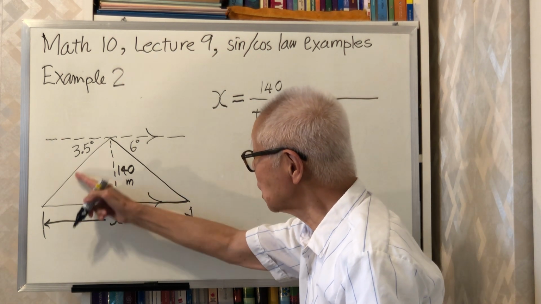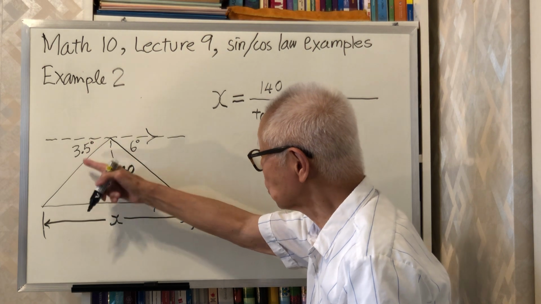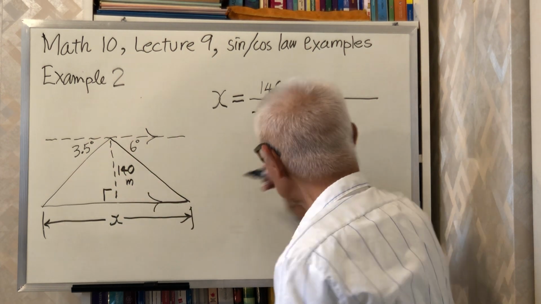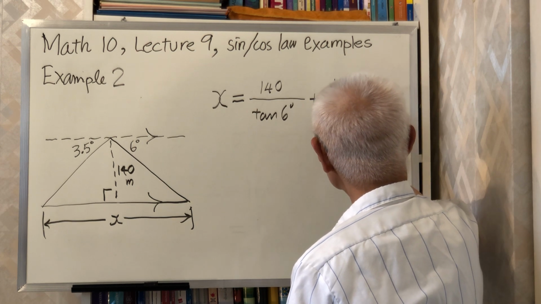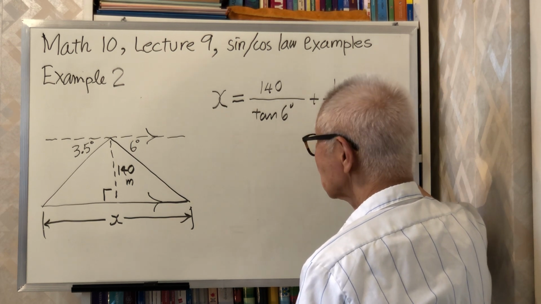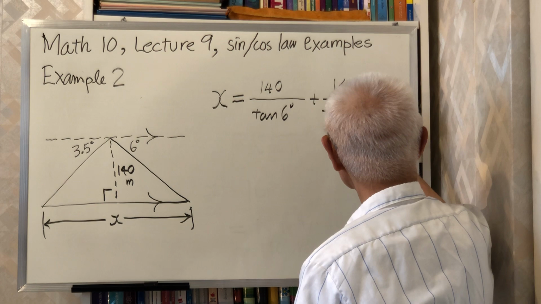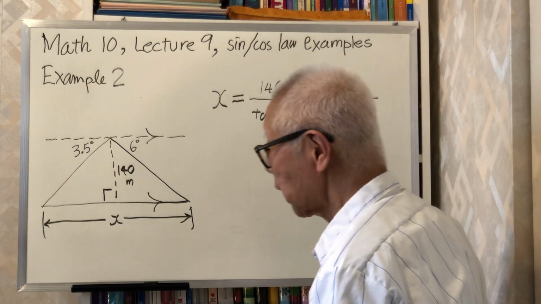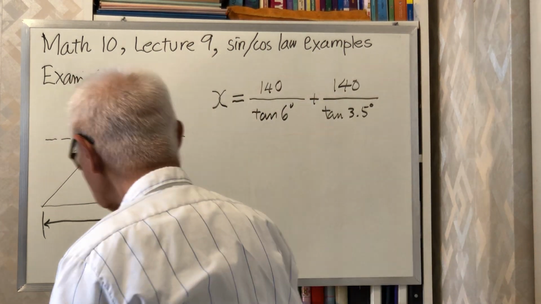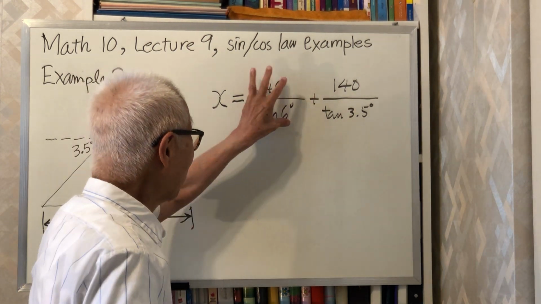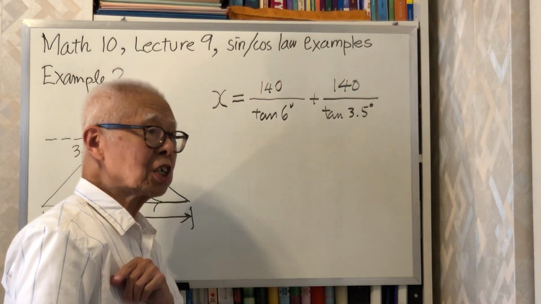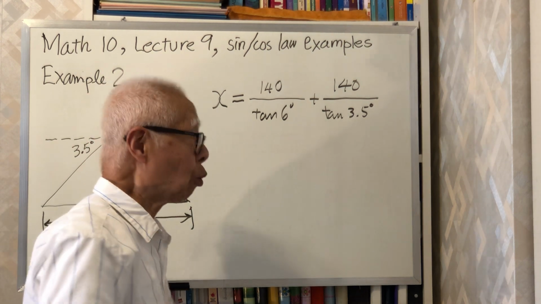This angle is 3.5 degrees, so 140 divided by tangent 3.5 degrees. So this is my expression. This part and this part are the same as in example 1.